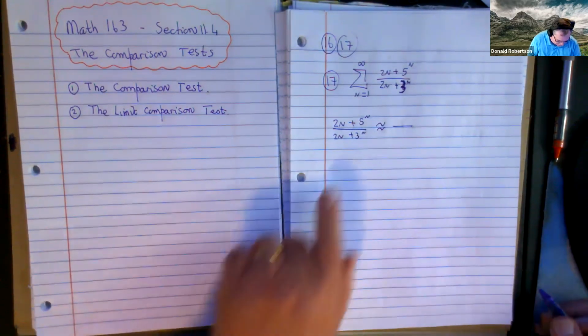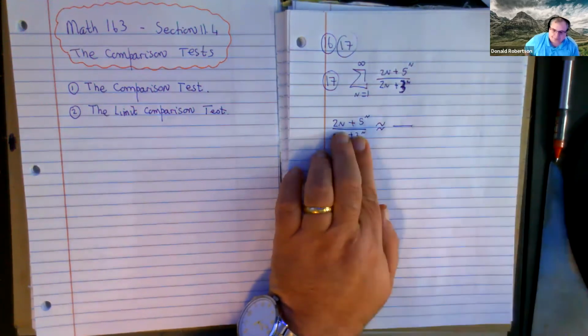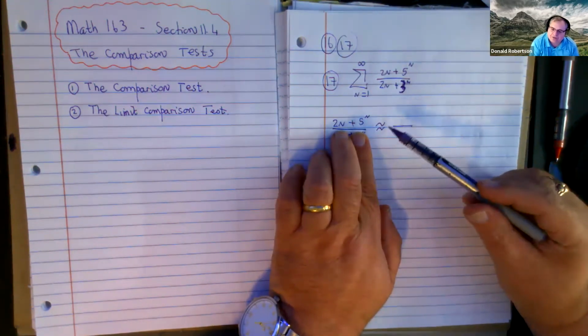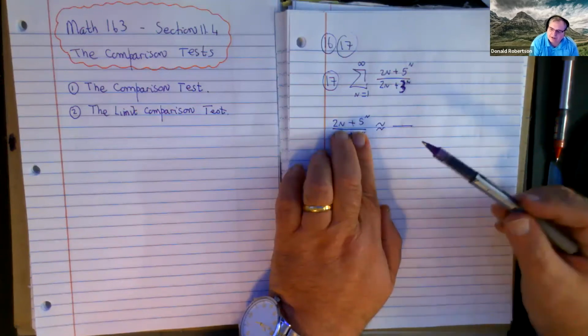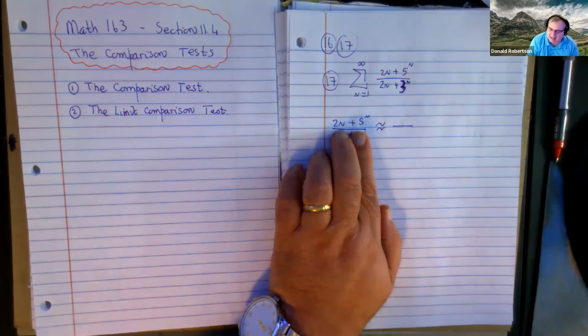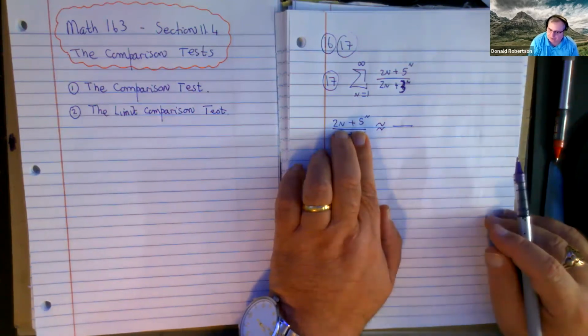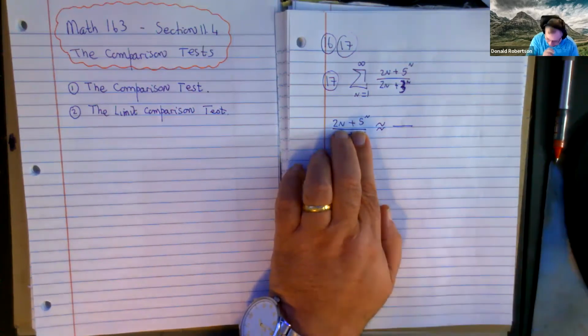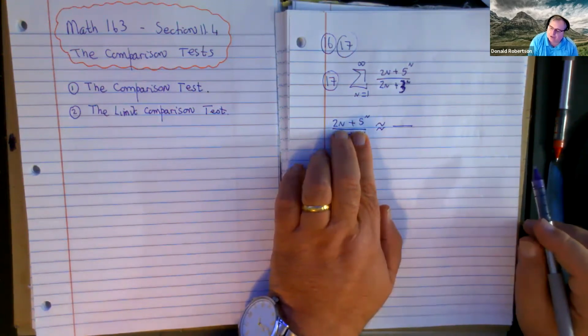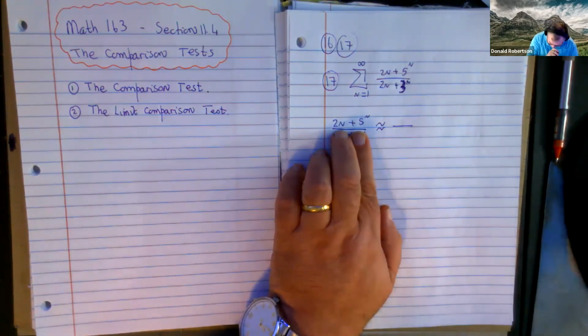Only one of these two terms is going to stay alive. And the reason it's going to stay alive is that one of these two terms is bigger than the other once the n gets reasonably large. So which one do you think is going to be the biggest? 2n or 5 to the power of n when n is reasonably large?